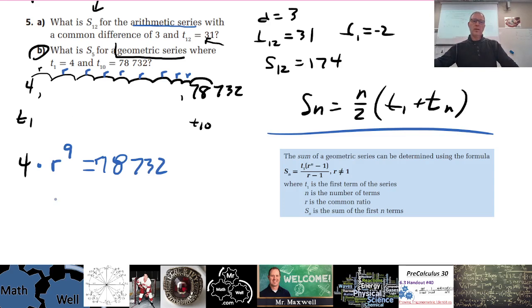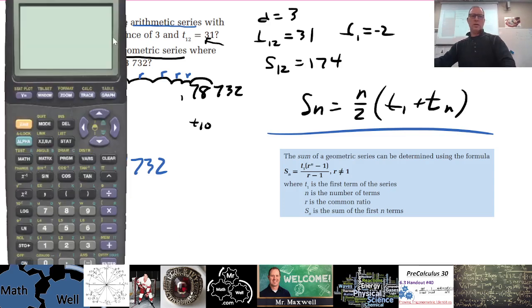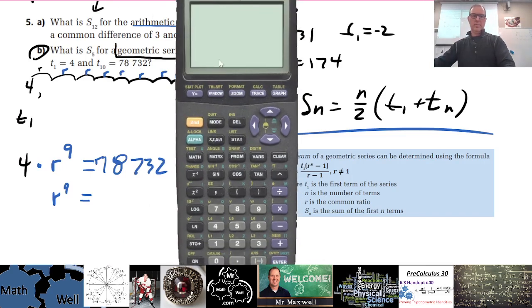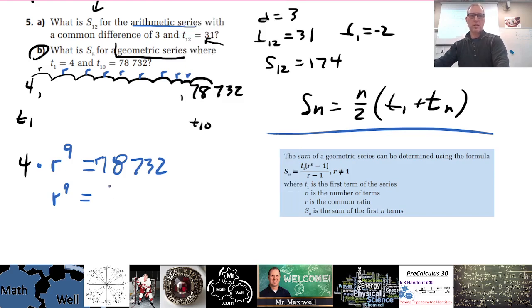So to solve for R, we'd first of all divide both sides by 4. So 78,732 divided by 4 gives us 19,683. And then we need to take the 9th root of both sides to get R by itself.